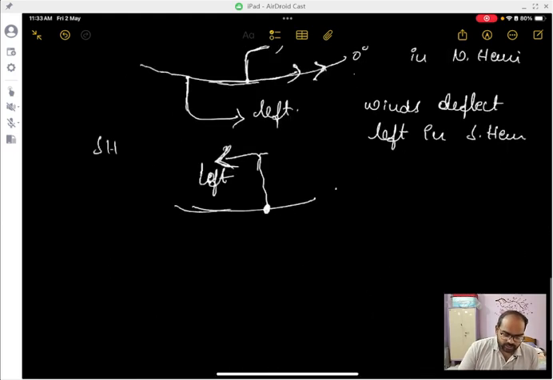And another factor, Coriolis effect always affects the winds in a perpendicular way. So whenever wind is traveling, due to Coriolis effect, what happens? The wind deflects at 90 degrees.